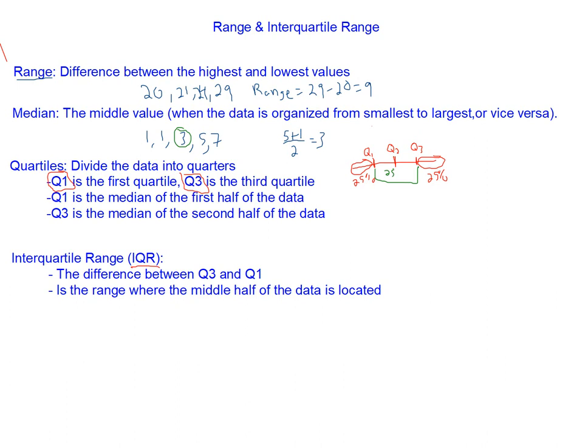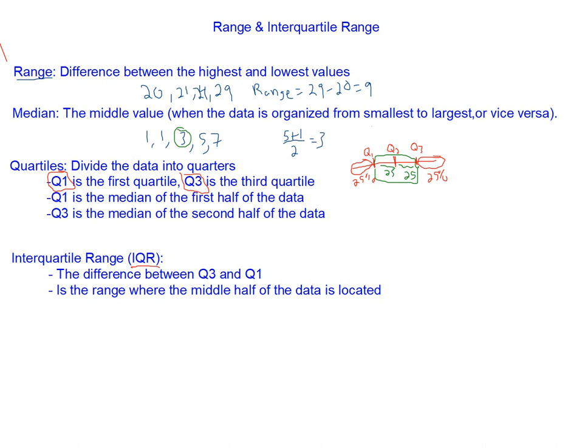Just a reminder, we have 25% of the data in here, 25% of the data in here. So the reason why the interquartile range is useful is that it gives us the range on which the middle half of the data lie. So that's what the interquartile range is. We find Q1, we find Q3, we subtract Q1 from Q3, and that gives us the interquartile range.